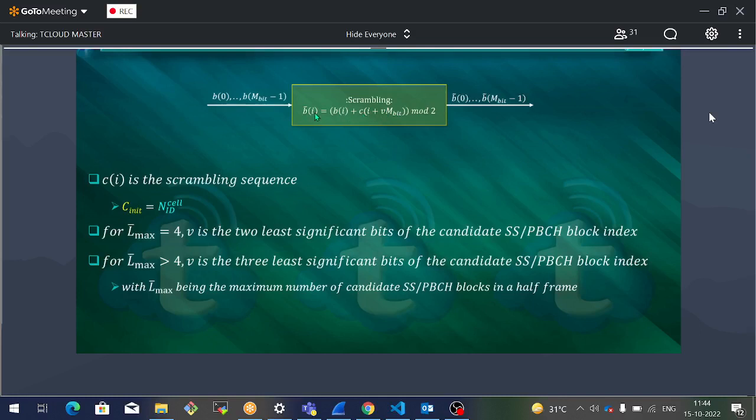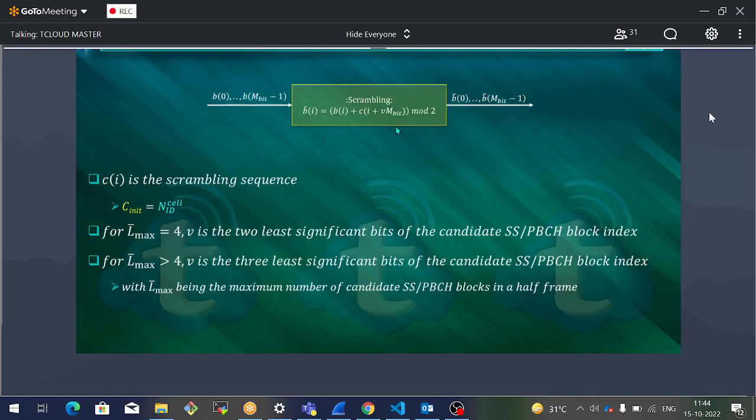If you want to calculate b tilde of 1, or the second bit, you put 1 here. b of i is only 1, the first bit you take. But c of i, even though you put 1 here, this is already 8. So 1 plus 8, it becomes 9. So the scrambling bit, the 9th bit, you have to take. It's like that.